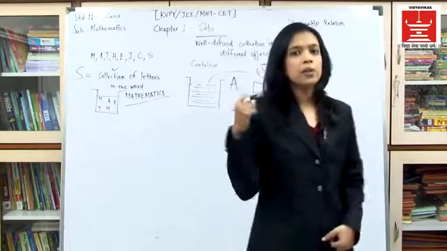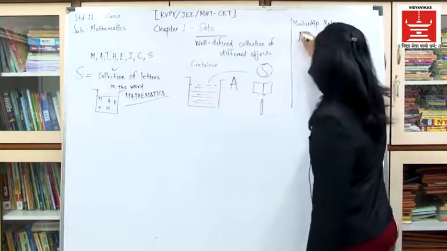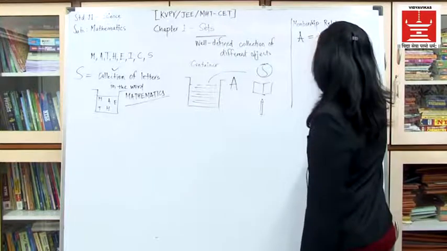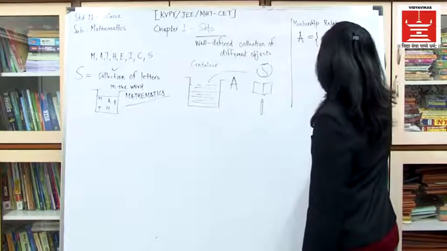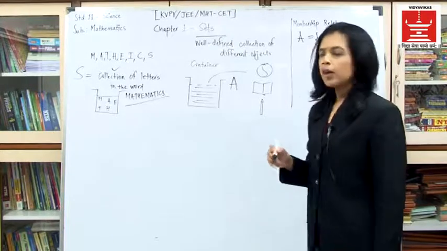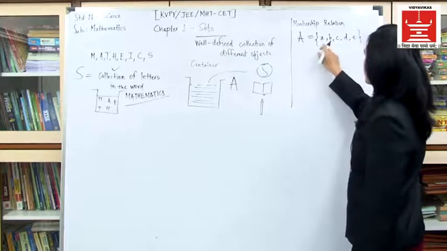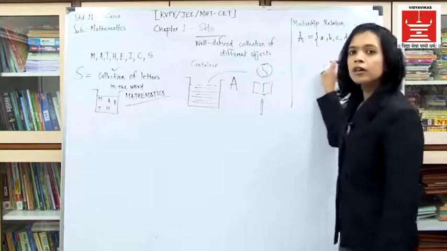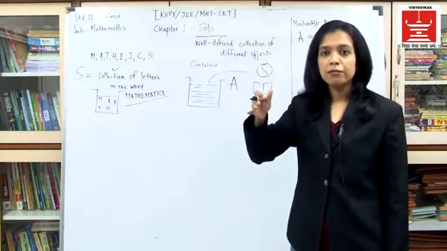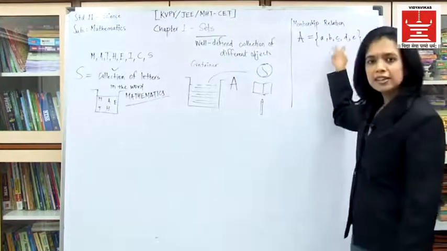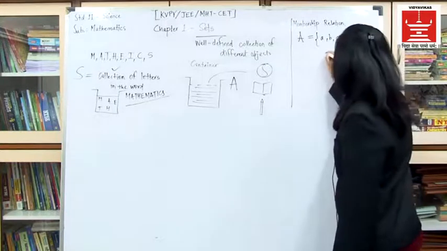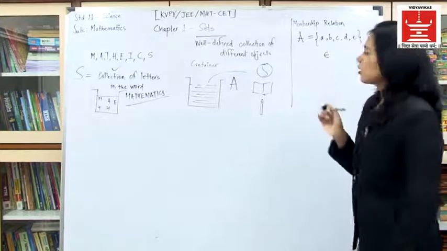So the membership relation says that for a set A, suppose it has elements a, b, c, d, e, then you say that a certain letter is a member of that set if it actually lies inside the set, and you denote this membership by the Greek symbol epsilon.